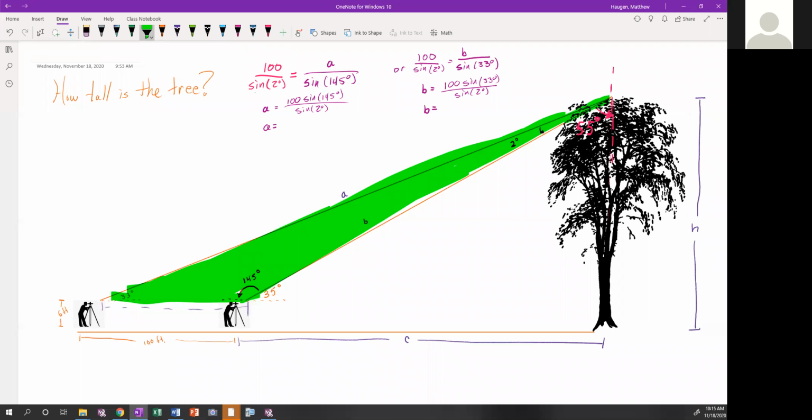So how come you're allowed to use the reciprocal of those? Because if you were finding B, I would have done sine of 2 over 100. Actually, one of the nice things about the law of sines, if you know that A over B is equal to C over D, if two ratios are equal, then the reciprocal of them will be equal.